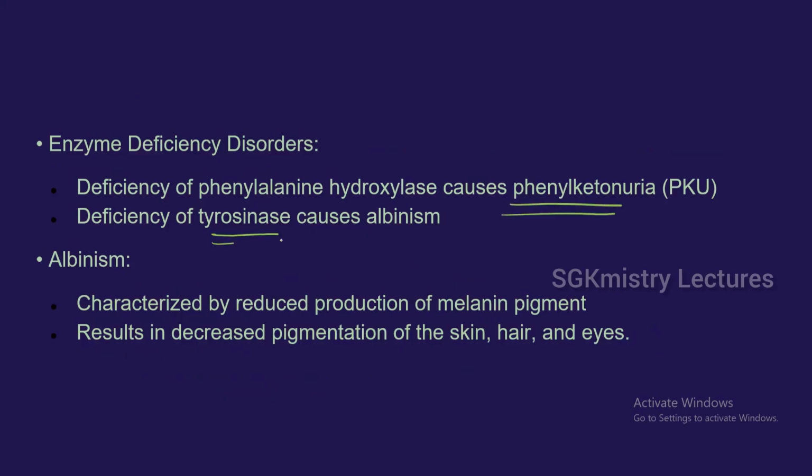Deficiency of the tyrosinase enzyme can cause albinism, in which the melanin pigment in the skin is reduced, resulting in decreased pigmentation of the skin, hair, as well as the eyes. This is mainly because of the deficiency of the tyrosinase enzyme in the body.